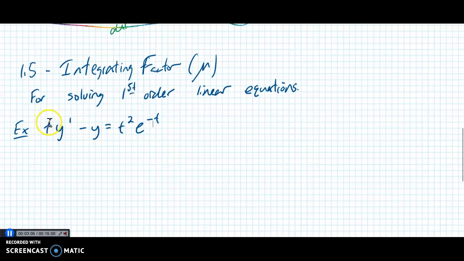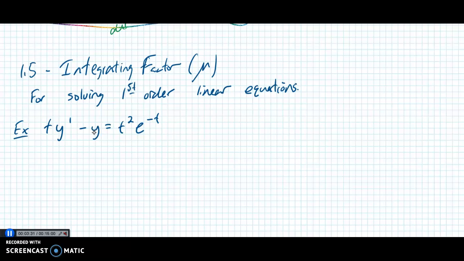Well, it doesn't matter if this is a function of t or not. In order for something to be linear, at least how we're going to categorize it, a linear differential equation is one for which the y's and the y primes, the dependent variable and its derivative, are not contained inside of another function. For example, they are not inside of a squared function or a sine function.